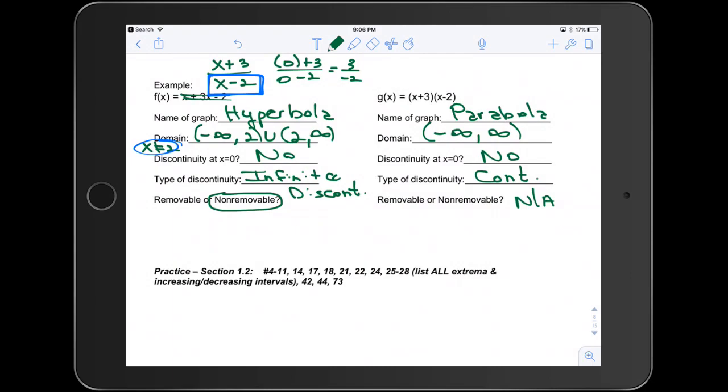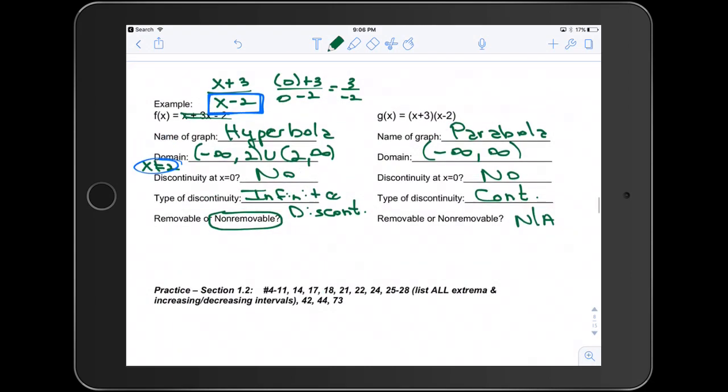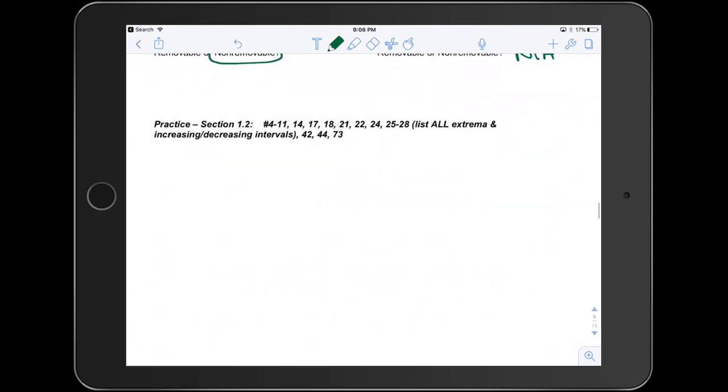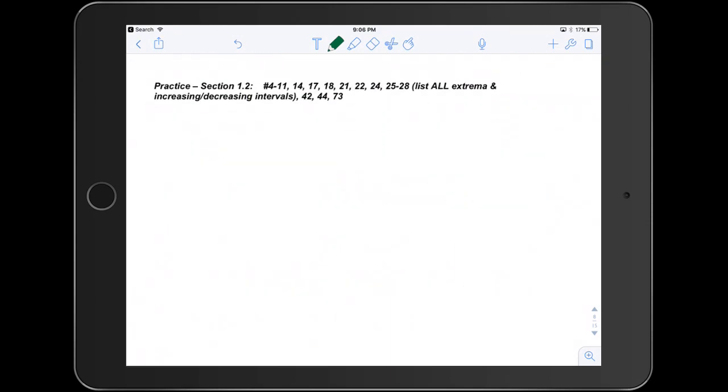Okay, now here's the issue. I feel like there's an example missing that would be very helpful to you. So I'm going to do it right down here, and I would expect you to do this with me, of course. h of x equals x squared minus 4 over x minus 2. Now, when you look at it, it looks very complicated. I realize that.